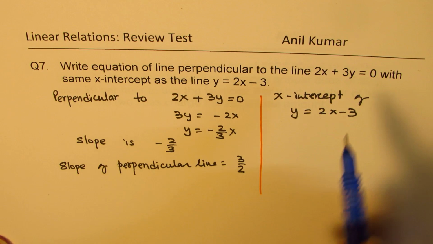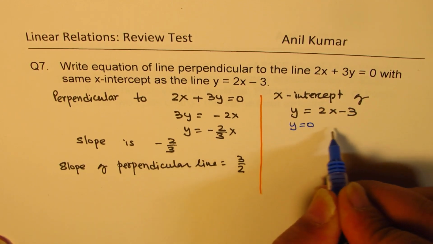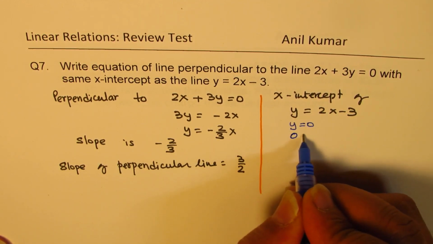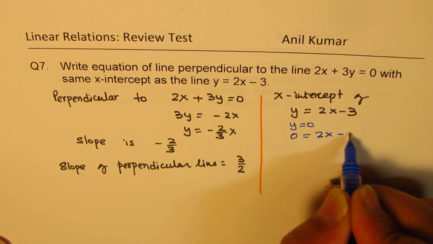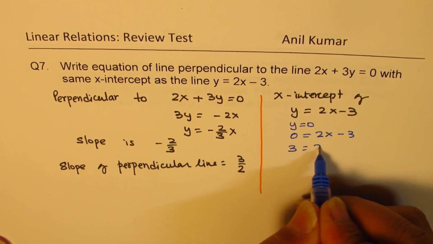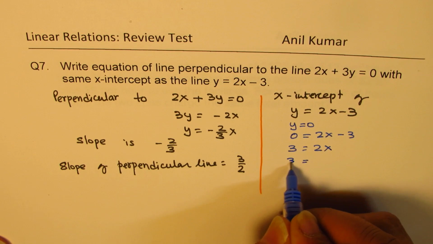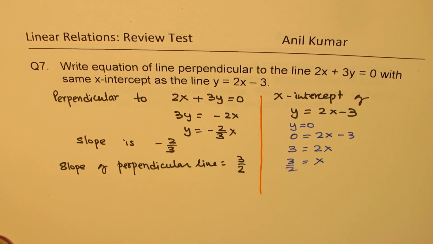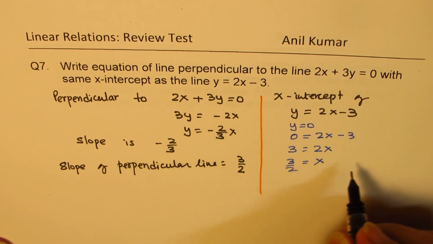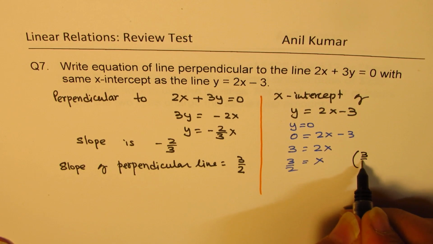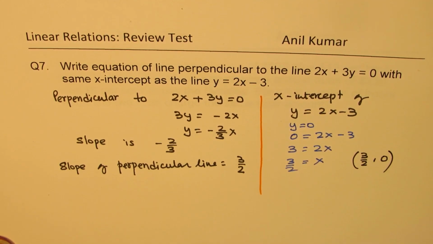So for the x-intercept, y is equal to 0, and we need to find the value of x. We get 0 equals 2 times x minus 3. So 3 equals 2x. So we get 3 over 2 as the value of x. Correct? So basically the x-intercept is 3 over 2, 0. That is the x-intercept. You get the idea.